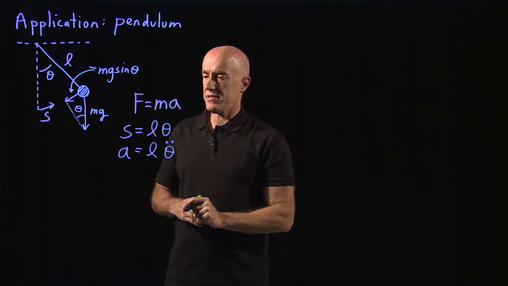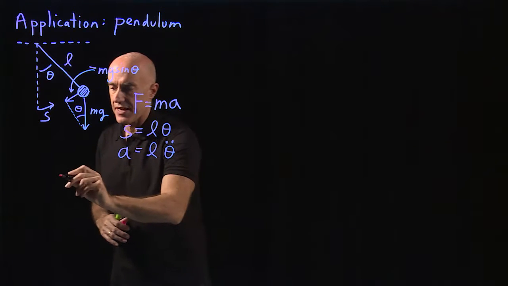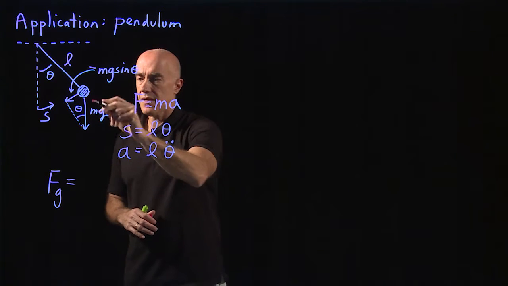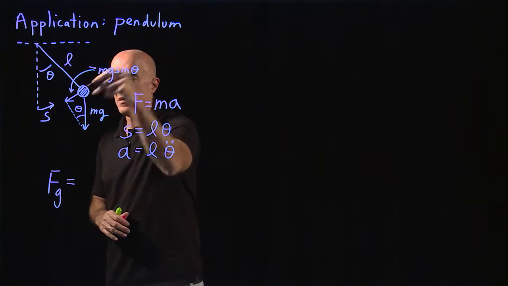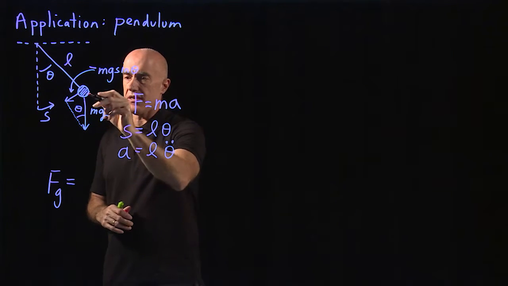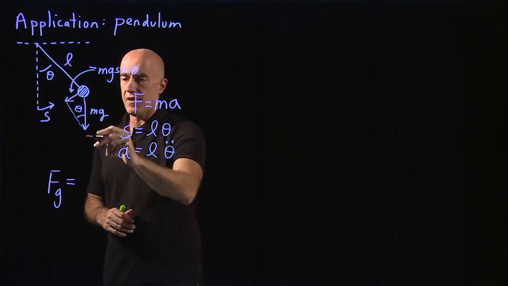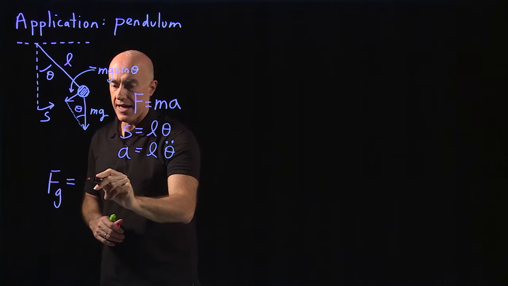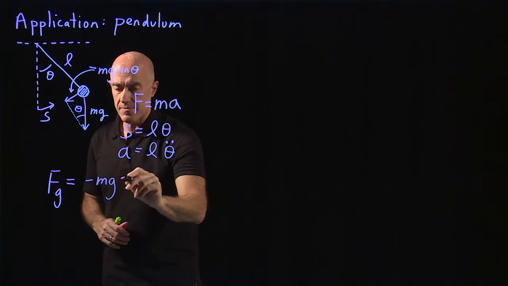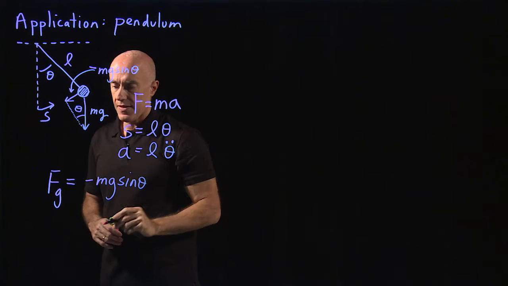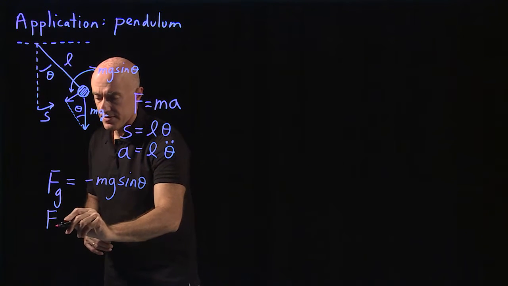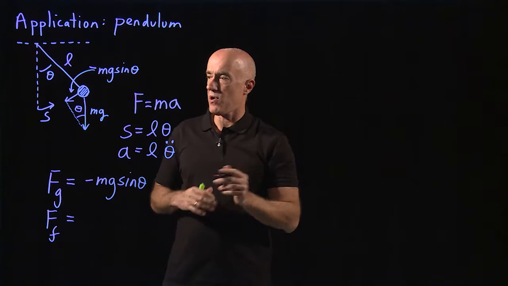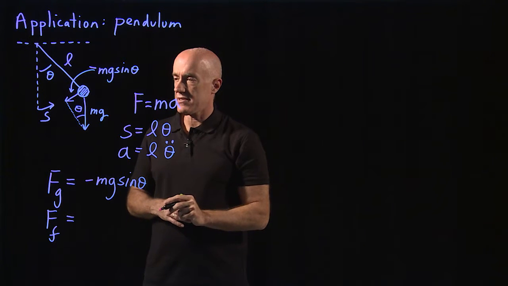What are the forces? There's the gravitational force, F sub g. That's along the arc. So if you do the projection of the downward vertical force onto the arc, you get minus mg sine theta. There's the frictional force. The frictional force is going to be opposing the velocity.